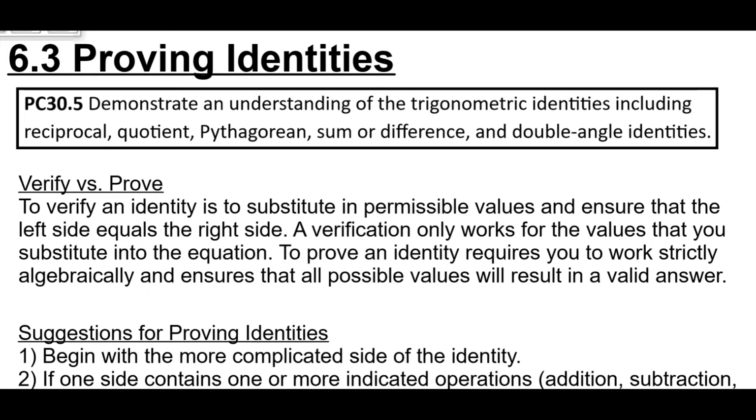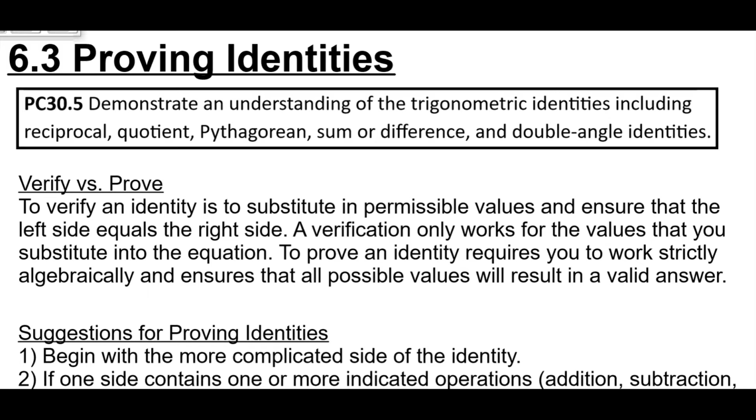All right, so now that we have that done, we're going to talk a little bit about what it means to verify versus to prove. To verify an identity is to substitute in permissible or allowable values and ensure that the left side equals the right side. This only works for the values that you substitute into the equation. So if I plug in 5 and it works, that only proves that 5 is a reasonable answer for that expression.